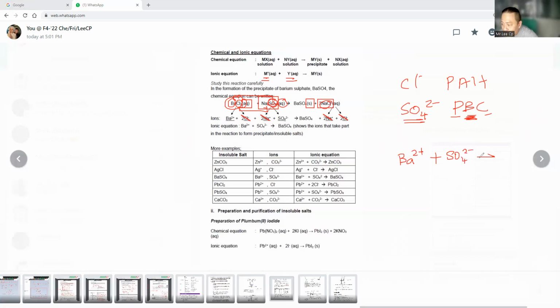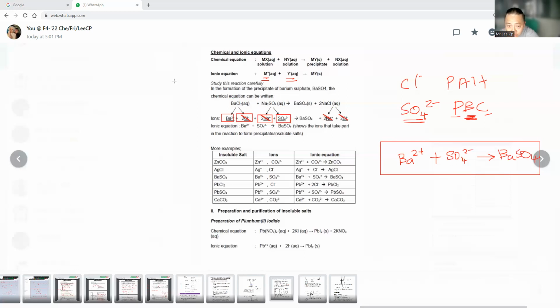So what will you get? You will get BaSO4. But in this process, I want you to see properly what is actually happening before you write this equation down. You write Ba2+ and 2Cl-, and then NaCl, and then BaSO4.